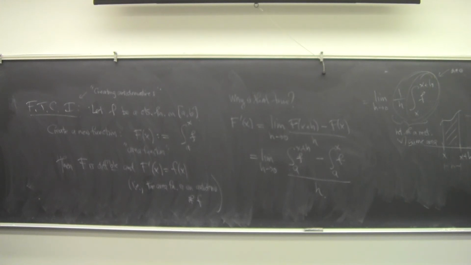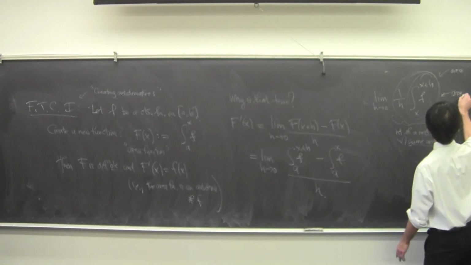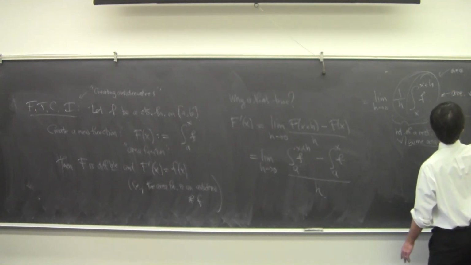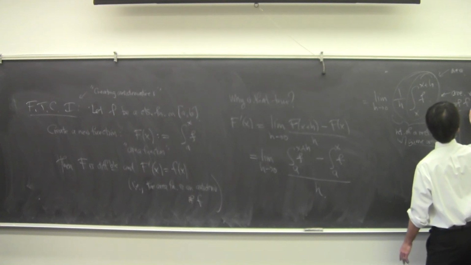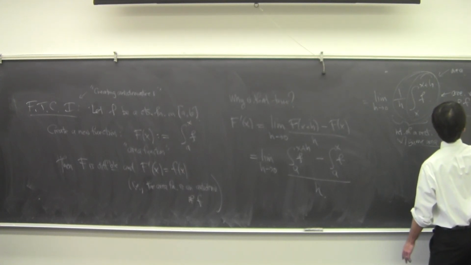Does that make sense? Okay. In other words, if this is water, you let the water settle, and you get the height there. In other words, this is an average height. This is actually the average value of f on the interval from x to x plus h.